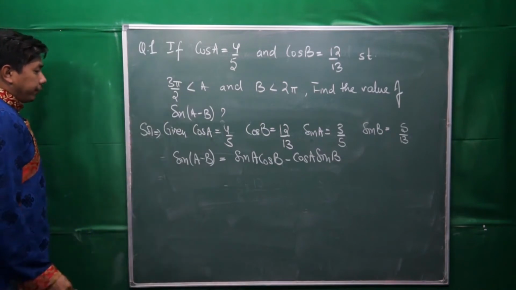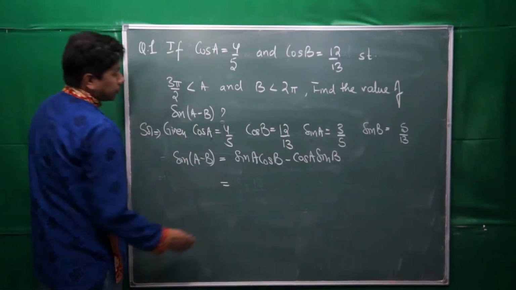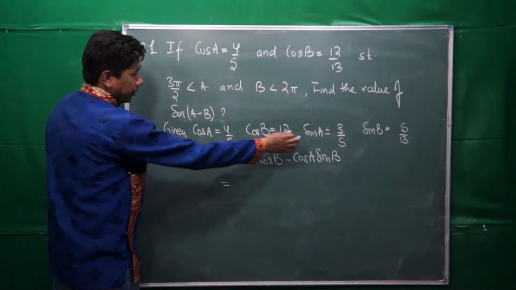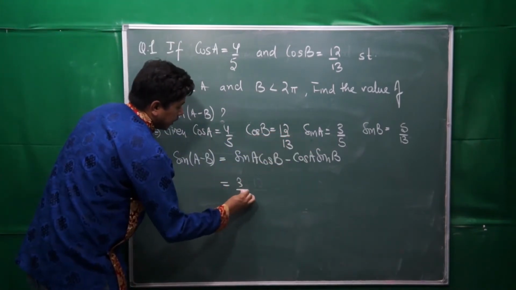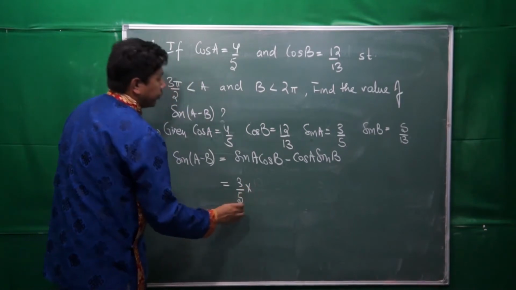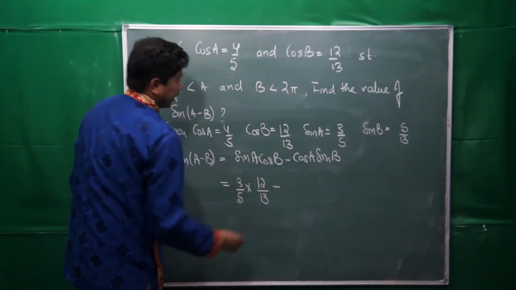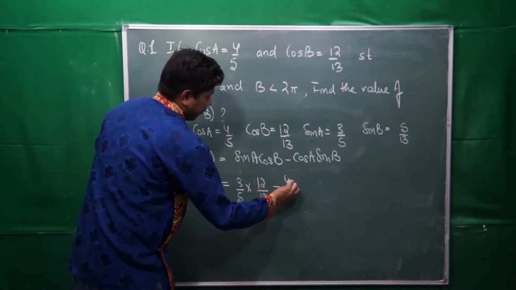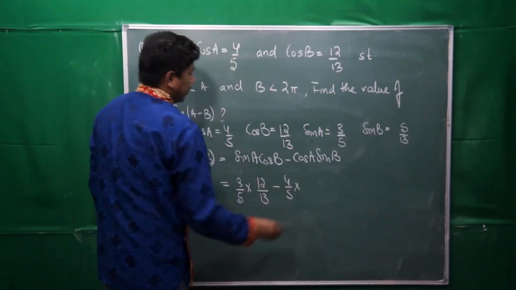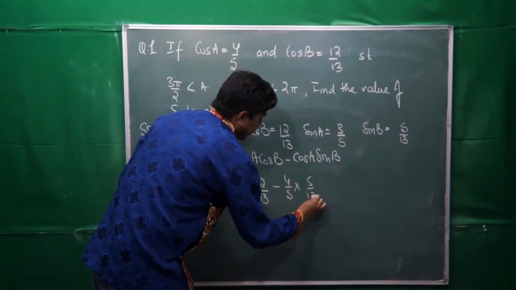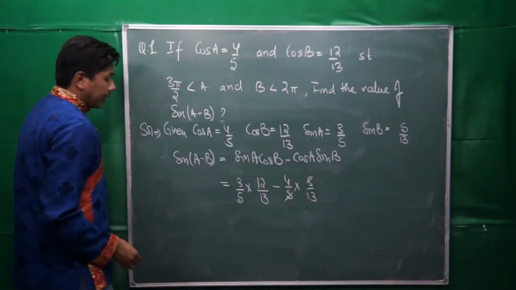Alright, so if you substitute the values of sine A, cos B and cos A, sine B, what are you going to get? The answer. So that is 3 by 5 into cos B, 12 by 13, minus cos A, 4 by 5, into sine B, 5 by 13. 5 cancels out.